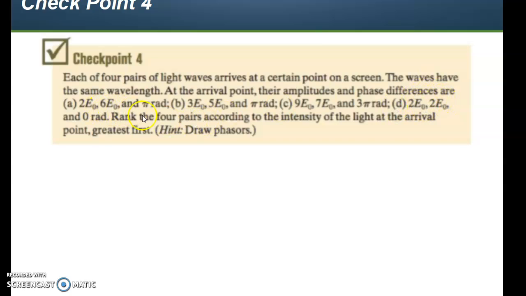And so this right here and this right here would be equivalent, because this is 0 radians here. Likewise, these right here are odd in both of these cases. These are a matter of only 2 difference in each case. And so what happens is A and D are going to be equal, and then B and C are going to be equal. If you want to draw out the phasors like they suggest, you'll see that that's exactly the case.